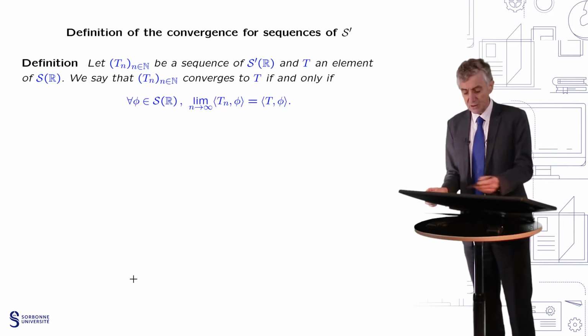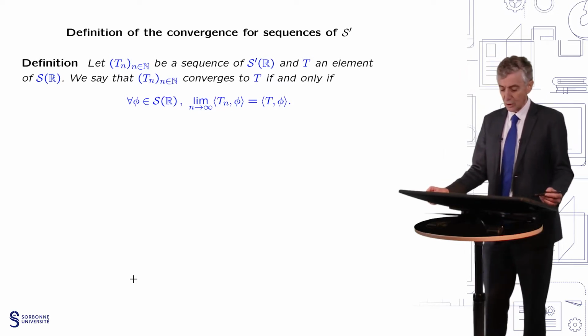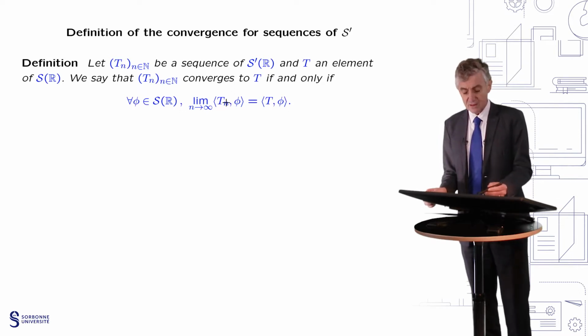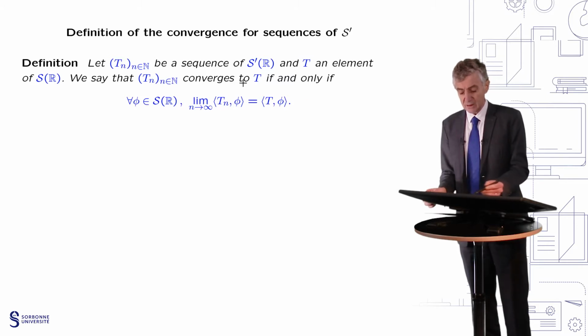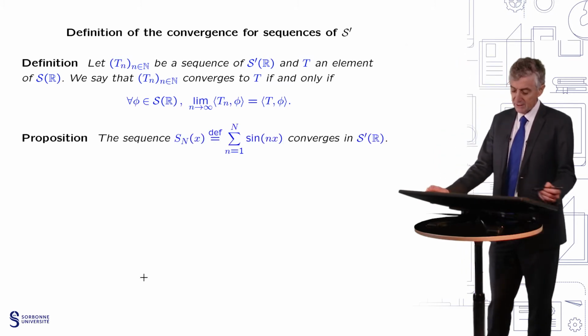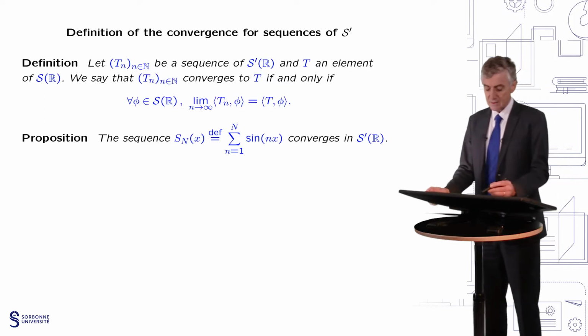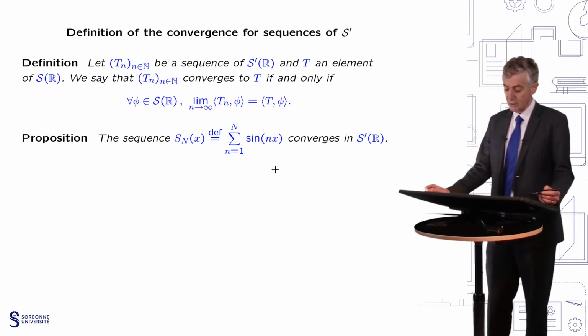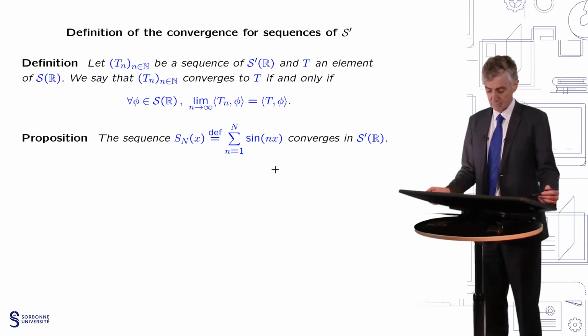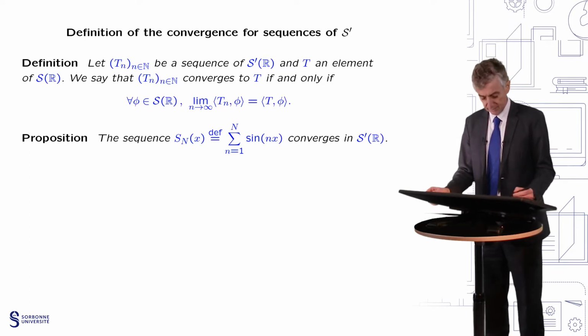It means that a sequence of tempered distributions converges to a tempered distribution T if and only if we test the sequence on a given test function, the limit of this is T applied to phi. And we are going to give an example: the sequence made by the sum of the n first functions sin(nx) converges in S prime to some distribution we are going to define.